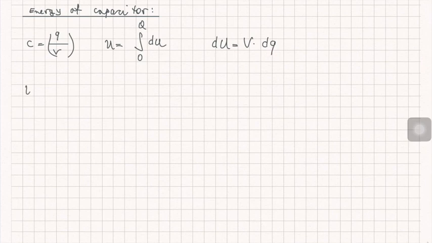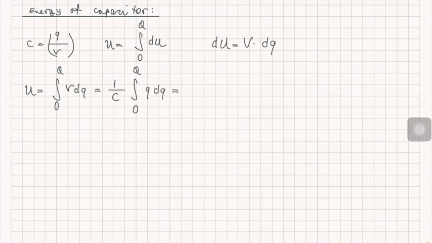So let's do this right now. So U equals the integral from 0 to the total charge Q of V dq. What is now V? Well, V is the small charge q divided by C. So we have here 1 over the capacitance. So we replace now V by small q over C. Integral from 0 to Q of q dq.